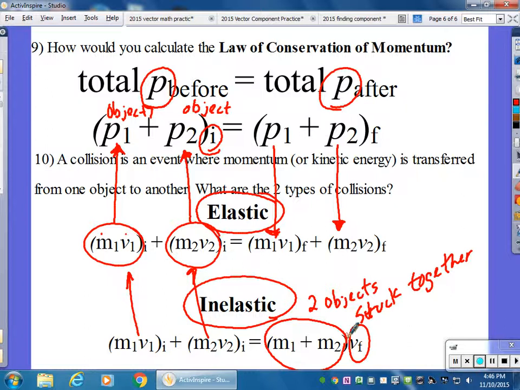And we're going to be able to do things with these formulas that will allow us to solve for what happens to this change in velocity as a result of this type of collision, and what happens to the change in velocity after the result of this type of collision. Really, that's what we're all after here, is the change in velocity.